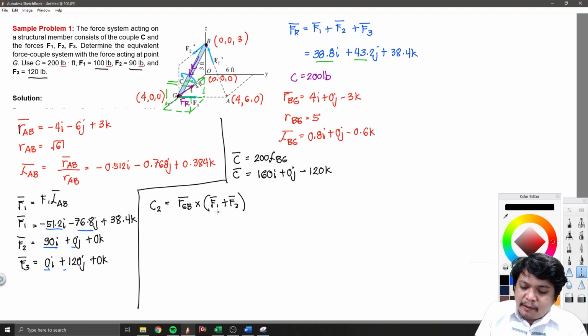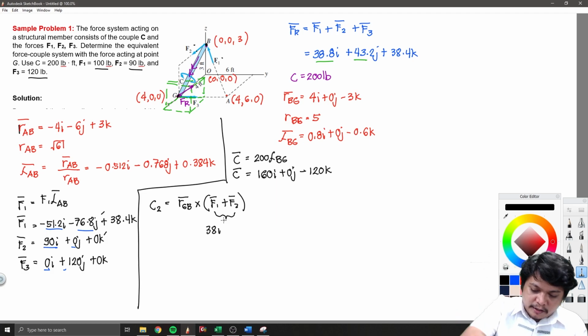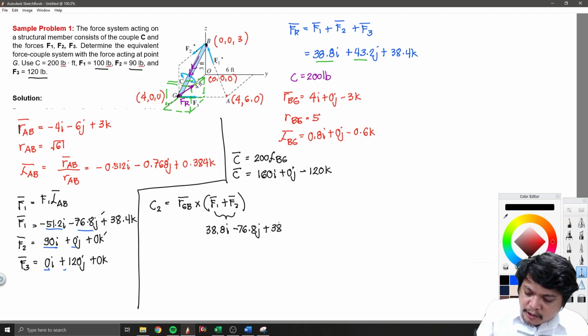So, kunin ko muna tong dalawa, F1 and then F2. Pag-a-adding ko lang tong dalawa na to. So, you will be having here 38. Okay? So, that is 38 of I. Negative 51.2 plus 90. So, you have your 38.8 of I. And then minus 76.8 of J plus 38.4 of K. Okay?